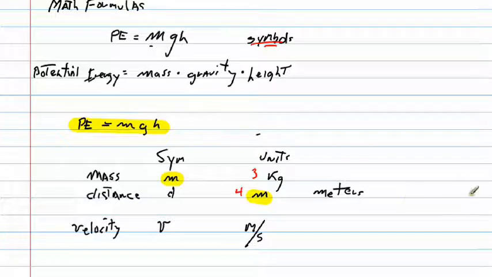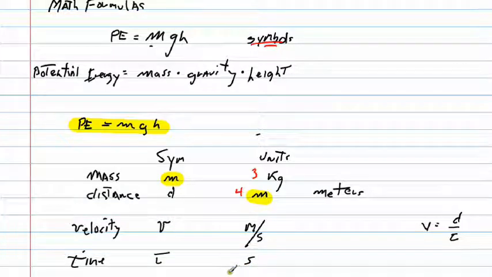And don't forget that also comes from the formula that velocity is equal to distance over time. Hence, distance is meters, the units. Time is in seconds. While we mention time, let's put time over here as another one. Time, T, had units of seconds or minutes.